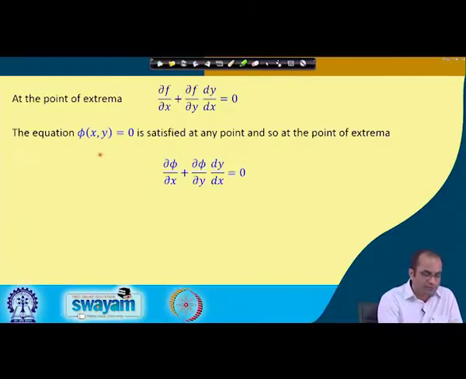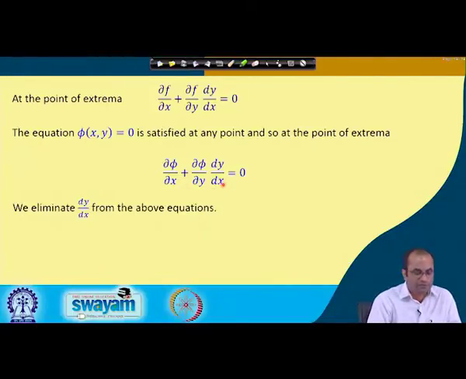If we differentiate this equation with respect to x, using the chain rule again, we get del phi/del x plus del phi/del y times dy/dx equals 0. So we get another equation which is satisfied at the point of extrema.